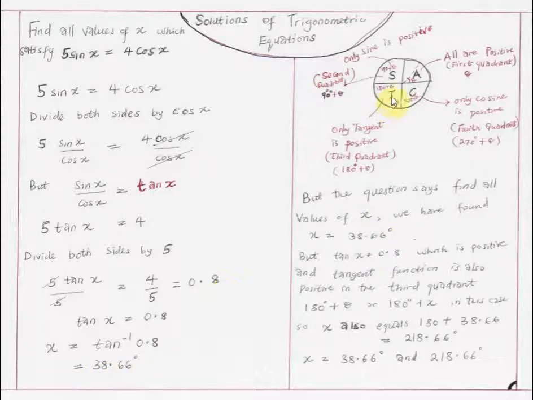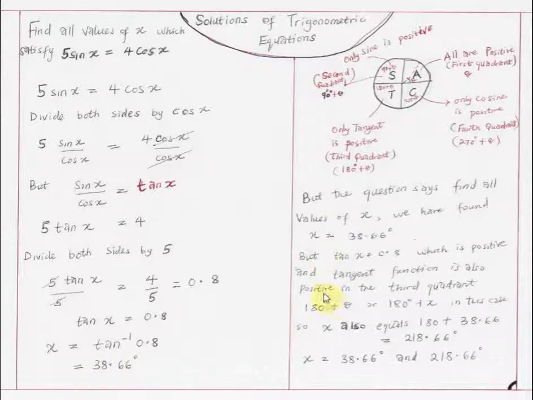Now the second possible answer is angles between 180 and 270, which is where the third quadrant is. So how do we find the second angle, which is also going to be positive? Since it's the third quadrant, we just add 180 to what we got, which is 38.66.